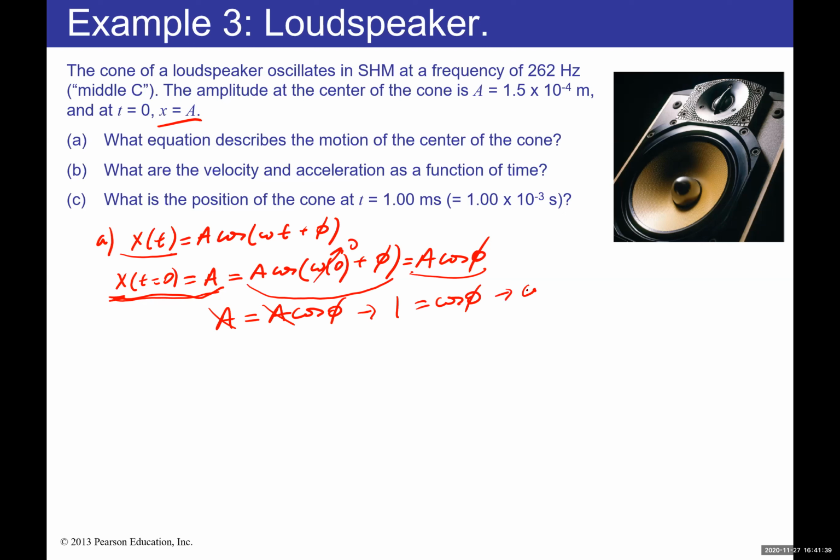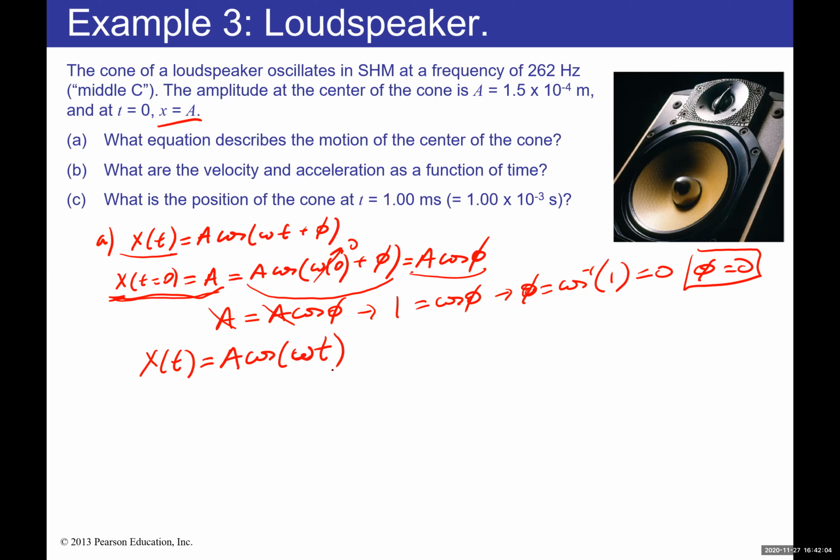And phi, when you do the inverse cosine of 1, gives you 0. That's why I can say that phi is 0, so I should not be including that in my equation. Next, x as a function of time equals A cosine omega t.